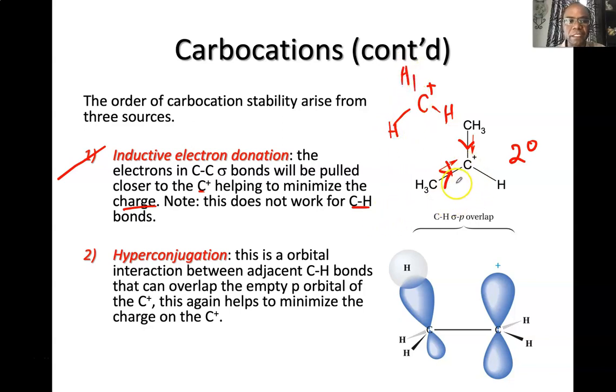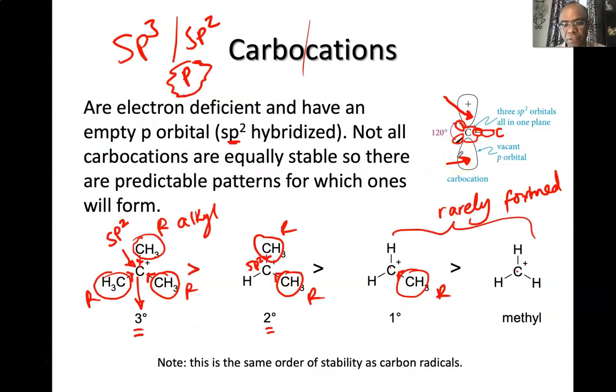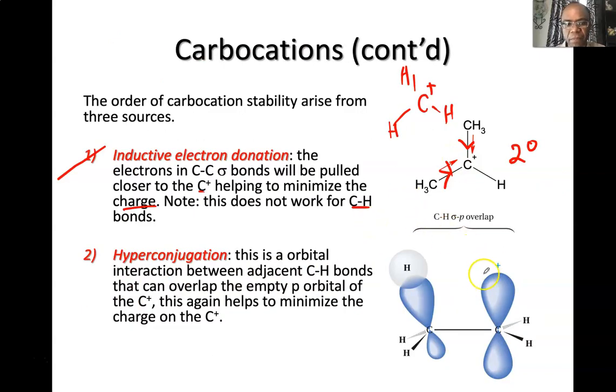Another way we can explain why the tertiary is more stable than secondary, and secondary more stable than primary, is by hyperconjugation. So consider this molecule. Sorry, this should be 2. Consider this molecule.